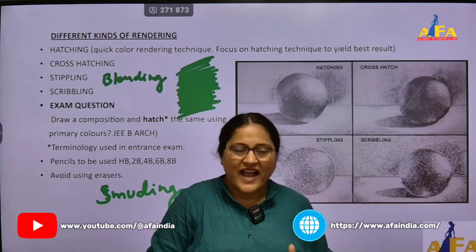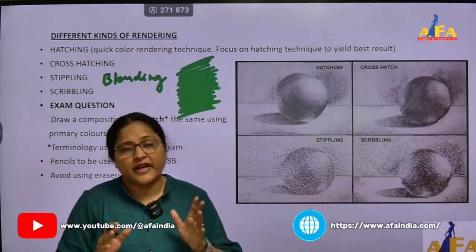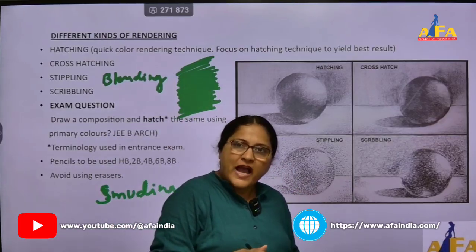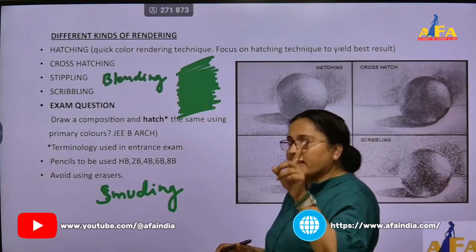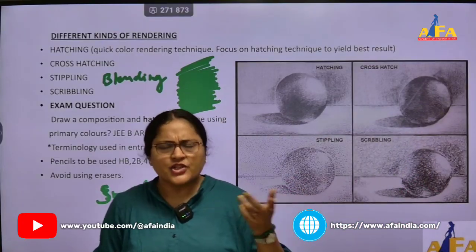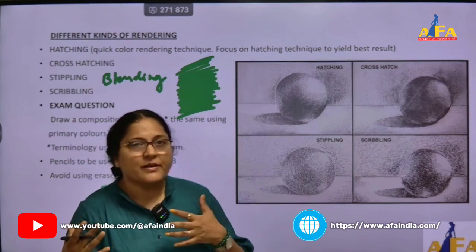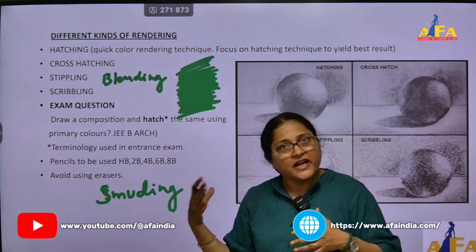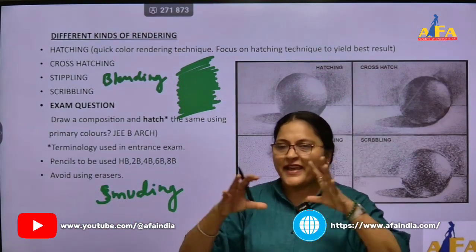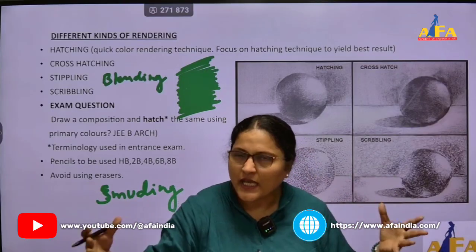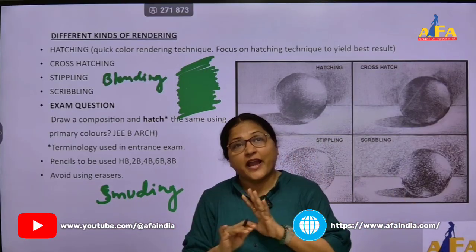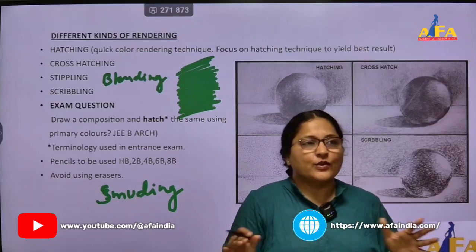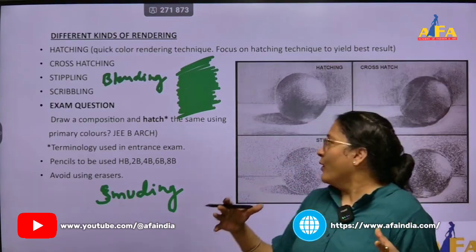But as a strong medium of rendering which you must apply in your artwork, number one is hatching, the quickest way of rendering, then cross hatching, which will naturally come if you try hatching again and again. Those who are very skilled and don't want to see any grain practice hatching again and again in a very smooth way, and that turns into blending.